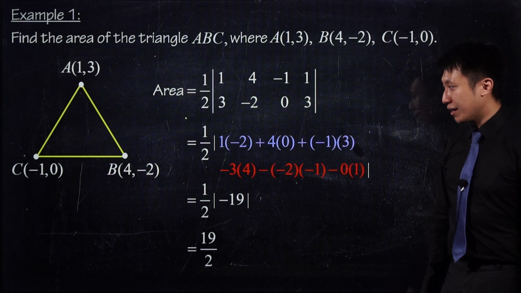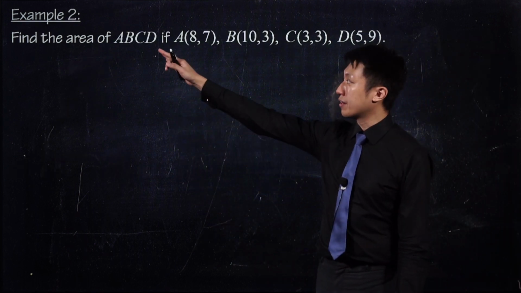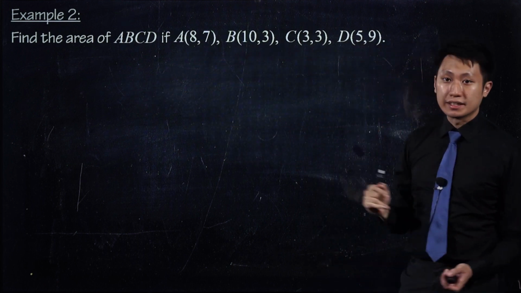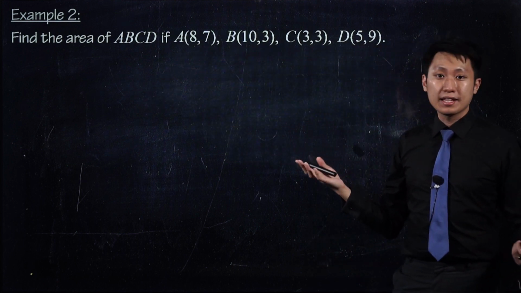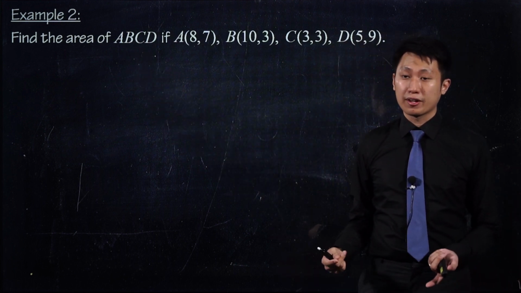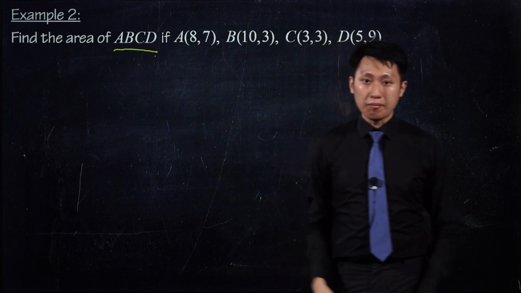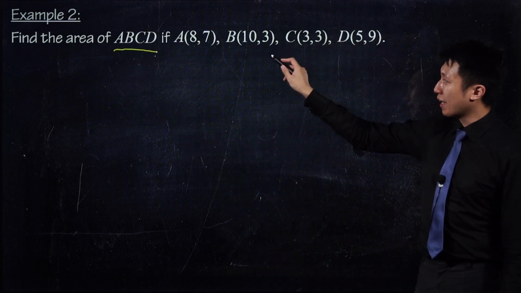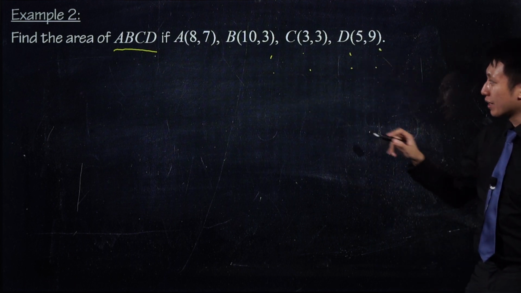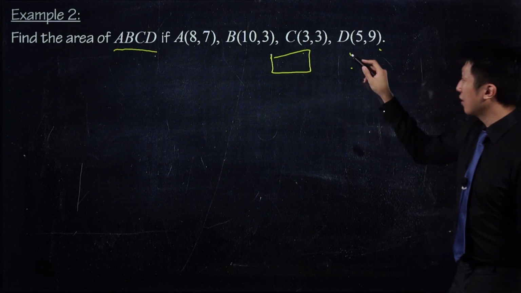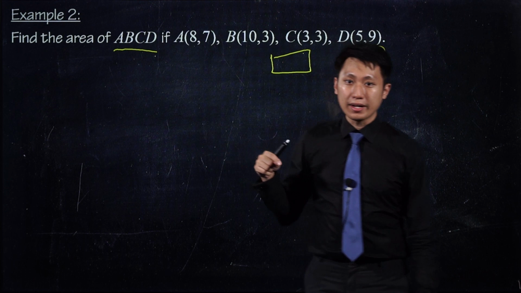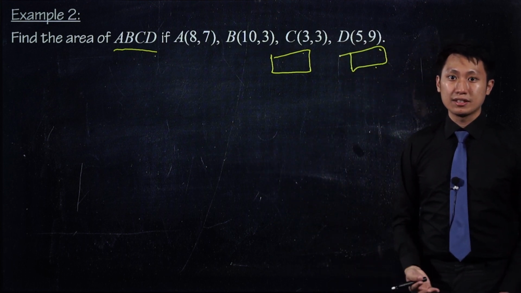So this one will have an area of ABCD if ABCD is given here. Now it doesn't say anything, but it is definitely a polygon, right? And if it's given in this form, it must be either A, B, C, D or A, D, C, B. So either clockwise direction it's written in this way, or counterclockwise direction it's written in that way.